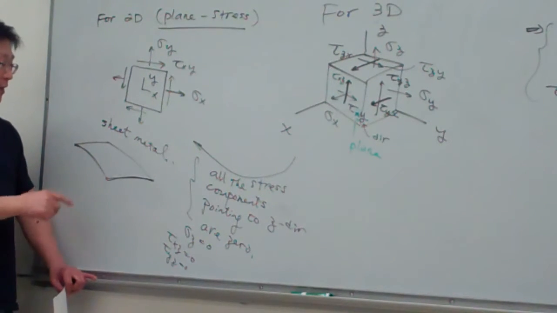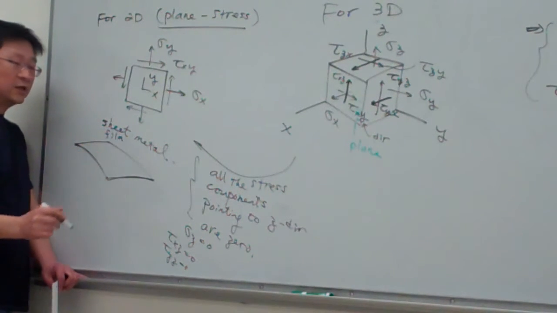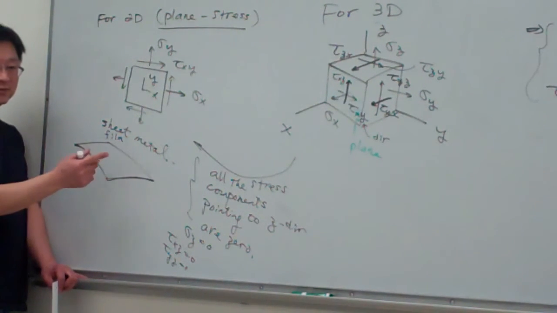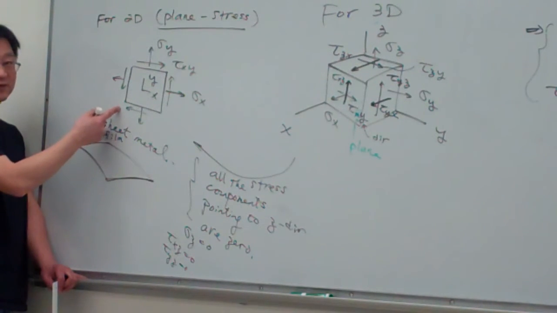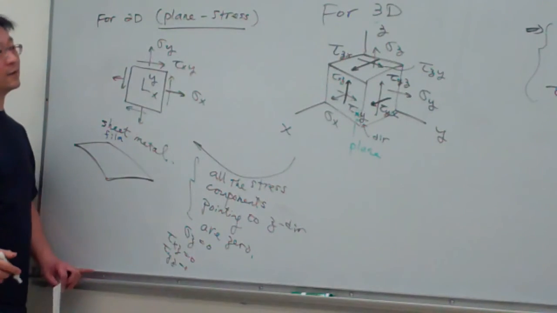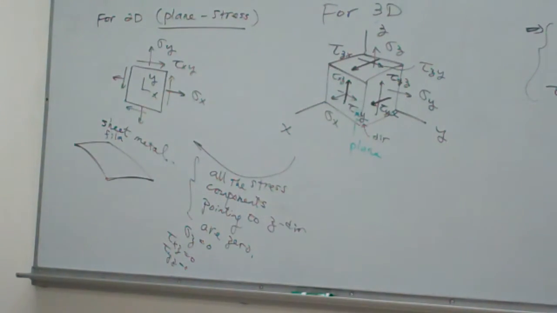Sheet metal or any thin film, like a membrane, you can safely approximate using this. So our starting point will be from here. Okay, now Mohr's circles, let me give you a very quick review.